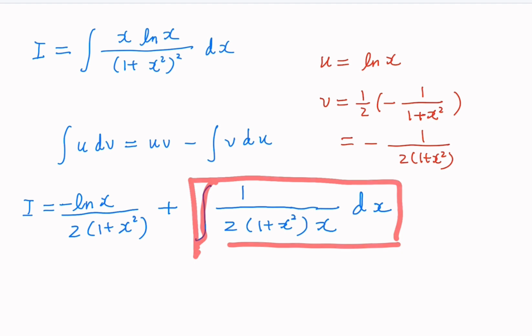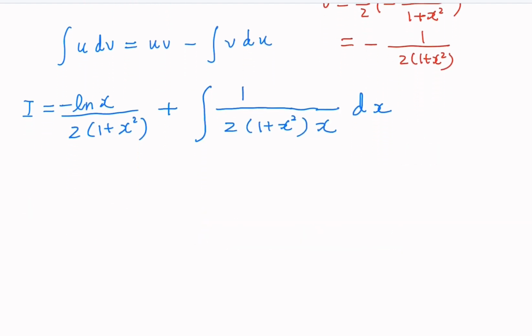Work on this part. In the denominator, with the product of two terms, you would resort to what is called fraction decomposition. It would be easier if you can have separate terms. So let's copy this term here.